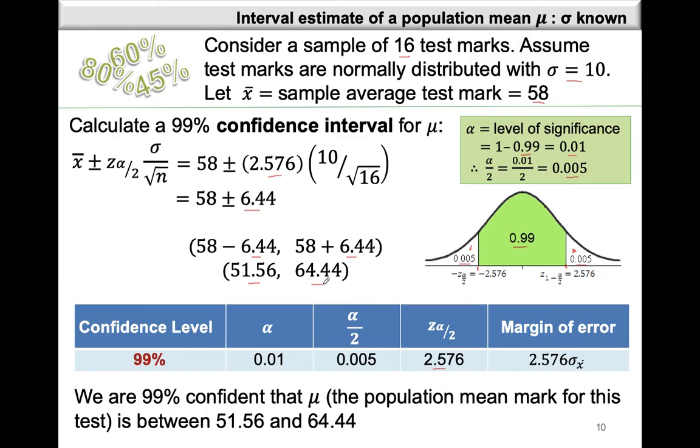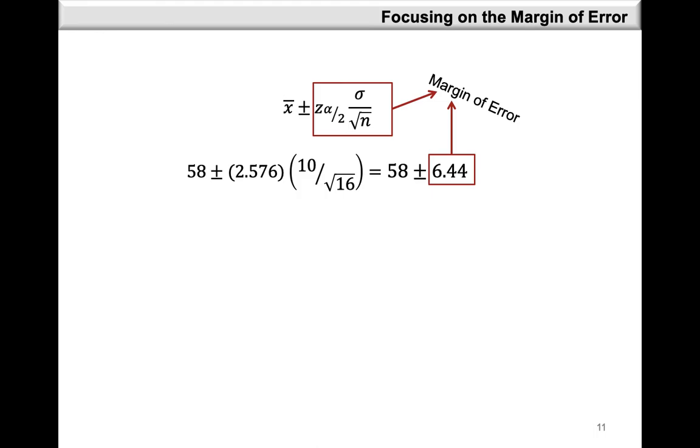So we are 99% confident that the population mean is between 51.56 and 64.44, or you can report it as the probability that the population mean mu is between 51.56 and 64.44 is 0.99. So we found that the margin of error was equal to 6.44. So this tells us that this would be the maximum estimation error that we observe at a 99% confidence level.